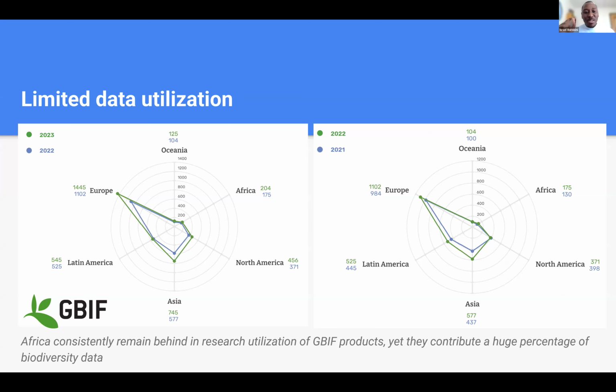They are the least users of the data being deposited on GBIF, even though they deposit a lot of it. And you see that over many years, not just 1 year. This is a graph that came from GBIF's science review document itself, tracking who is using their data. And you can see Africa is the least user, and also Oceania as well.